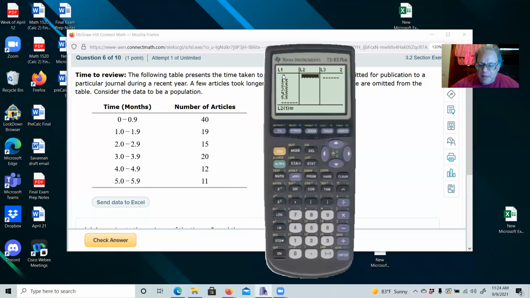How many times did this happen? It happened 40 times, 19 times, 15 times, 20 times, 12 times. So we're going to go into stats, calc. We're still going to do one variable statistics, even though I filled out 2 columns.